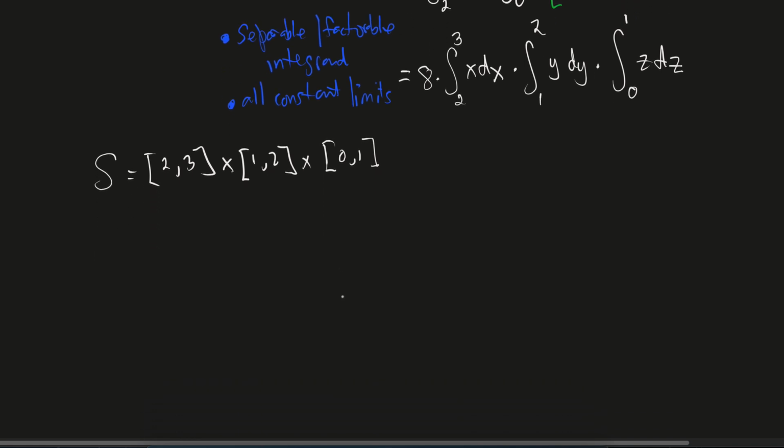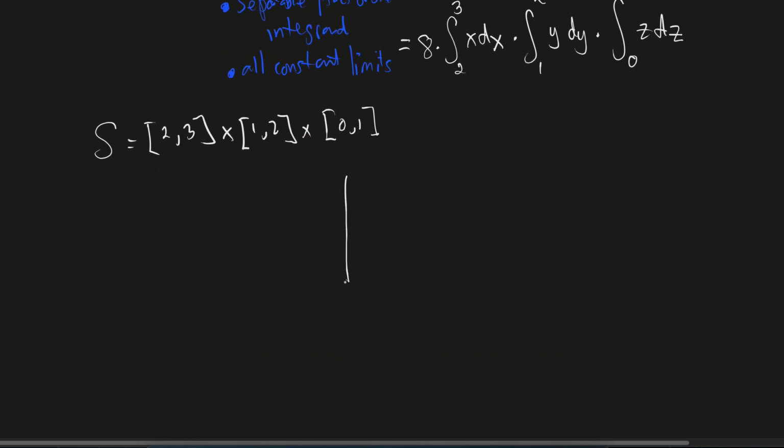So I'm going to use our standard orientation for 3-space. And we're going to see that this is a box. I'm just going to put some tick marks here. Let's say 1, 2, 3, 4 on each of our axes. Of course that's our x, that's our y, that's our z.